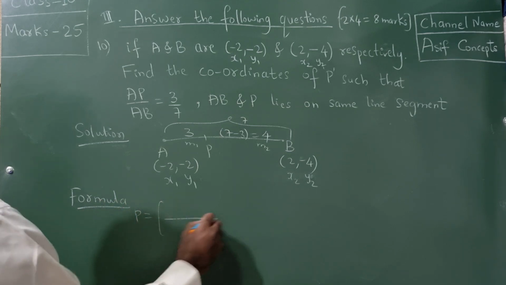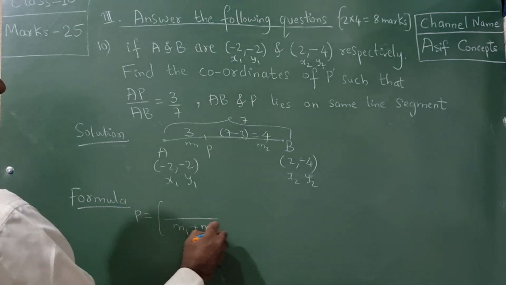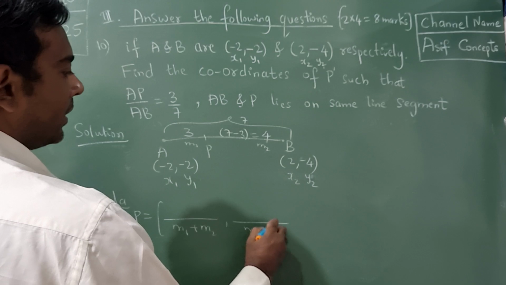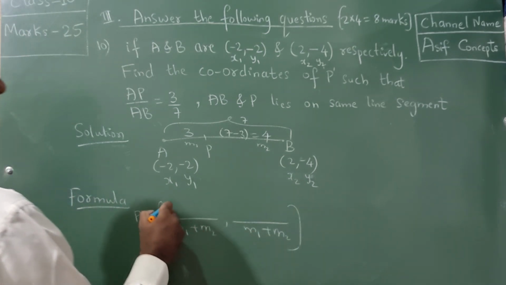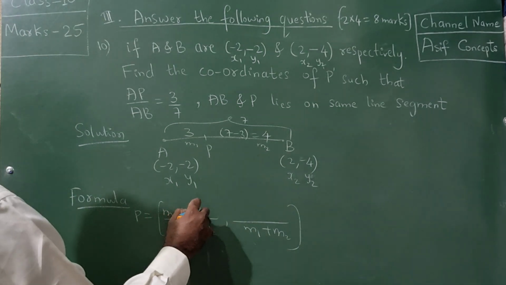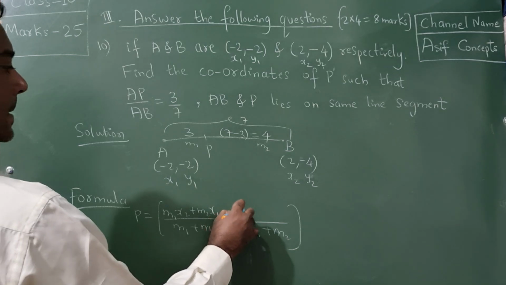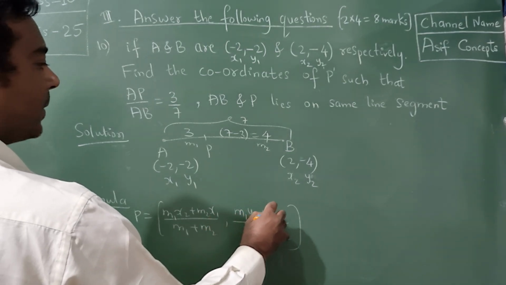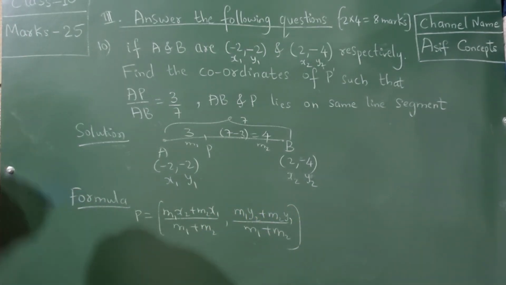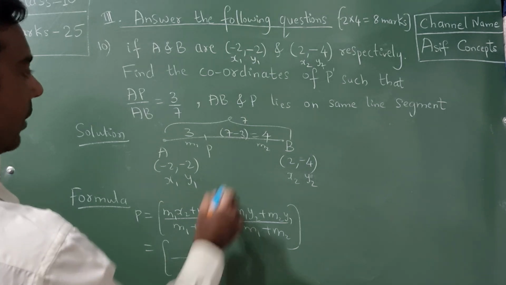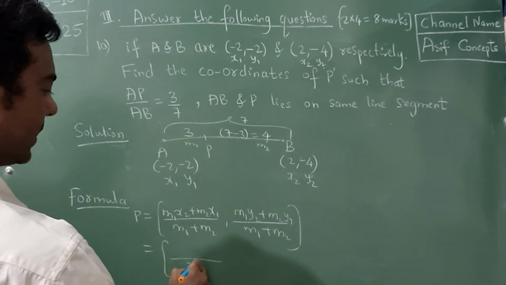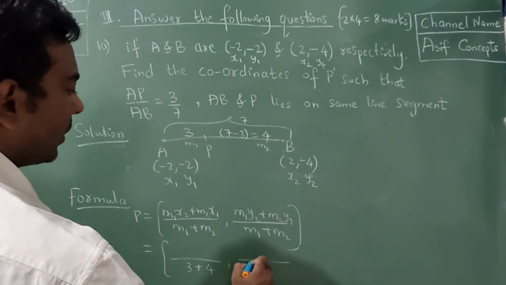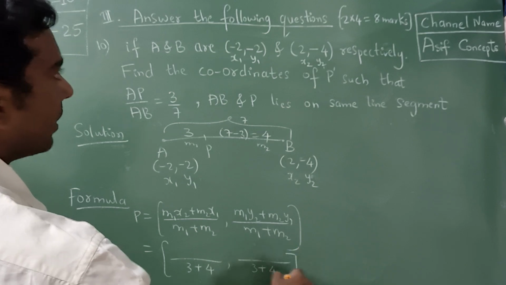P is equal to M1 plus M2, and here also M1 plus M2, M1 x2 plus M2 x1, M1 y2 plus M2 y1. Now the ratio is 3 and 4, so it is 3 plus 4. Here also 3 plus 4.